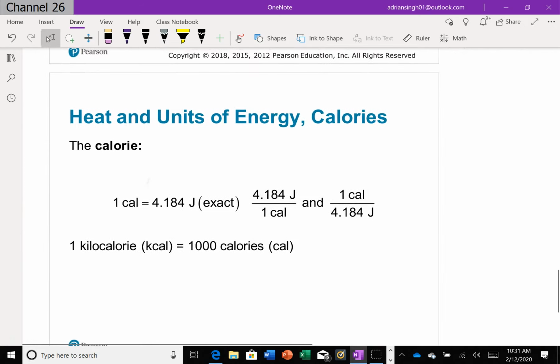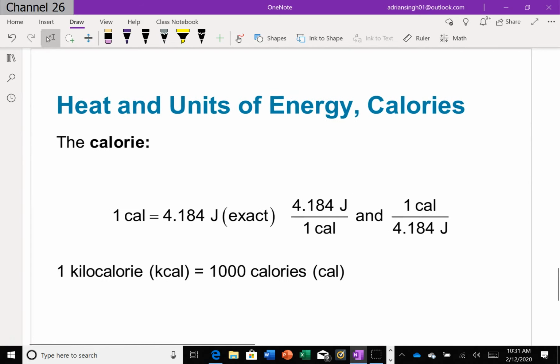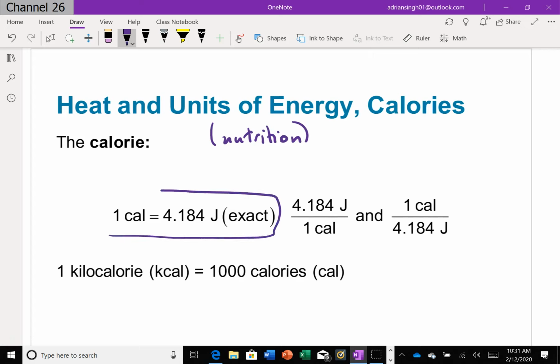All right, so joule is the SI unit of energy. A more common unit of energy that you're going to see is the calorie, and you're going to see the calorie more so when it comes to nutrition. The calorie is related to the joules according to this relationship.